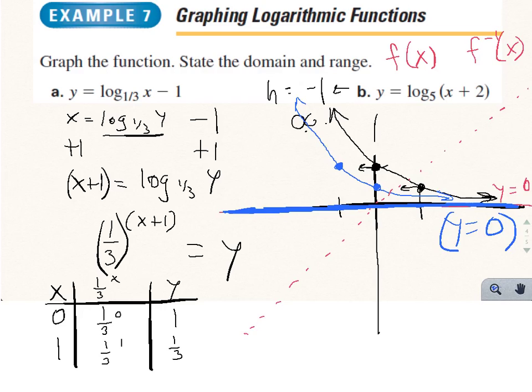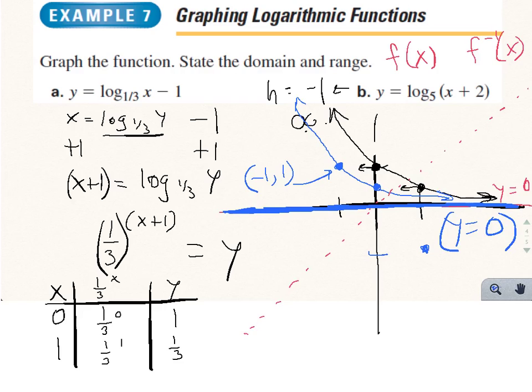Let's pick a different color. Let's go with green. All right, so this point here is -1, 1. So our original graph, since we've drawn the inverse, is going to be 1, -1. So it has a point right there.